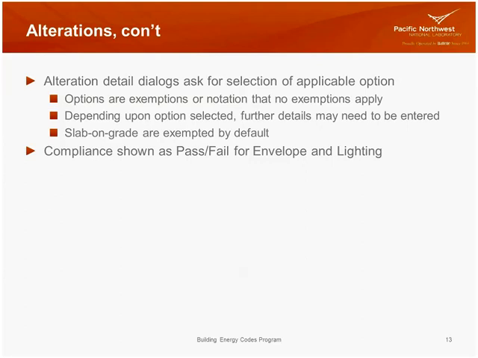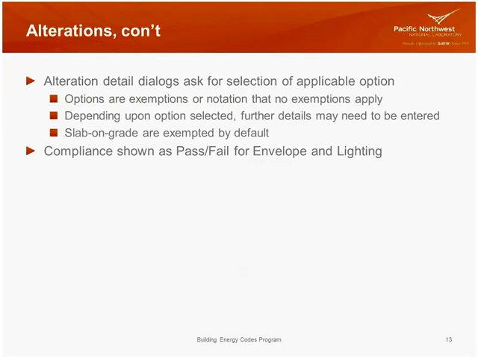Again, with the alterations, just another helpful hint is that there are some exemptions, and they're code driven depending on what alteration type you're choosing. For example, let's say I'm doing a roof replacement, but I'm not exposing down to the trusses. Then you might be exempt from having to meet the energy code for putting in additional insulation in that roof area. That's one example. Another one is, as I mentioned, the compliance pass or fail.